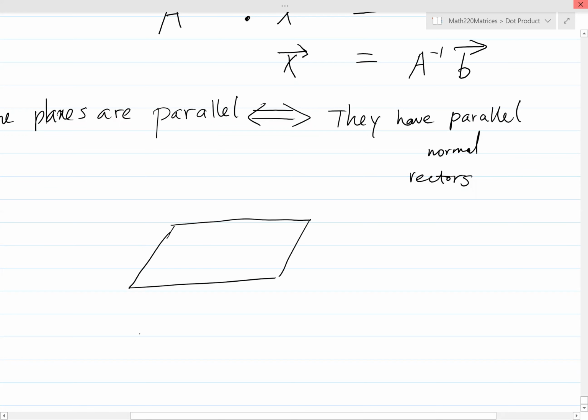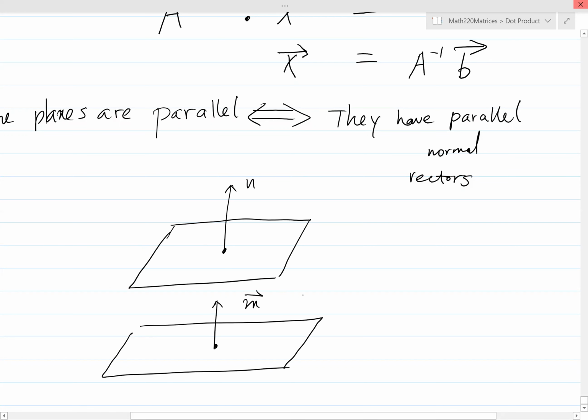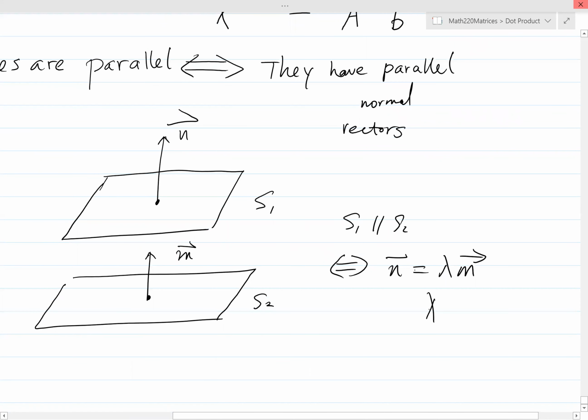Suppose we have a plane S1 which has normal vector n, and another plane S2 which has normal vector m. S1 is parallel to S2, which is equivalent to having the same direction, which means one normal vector is a multiple of the other, for some lambda in the real numbers.